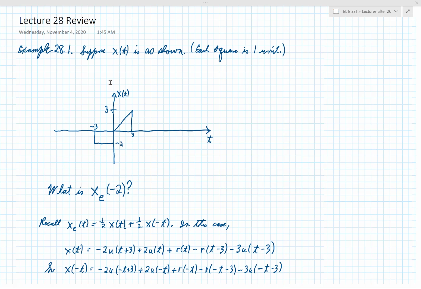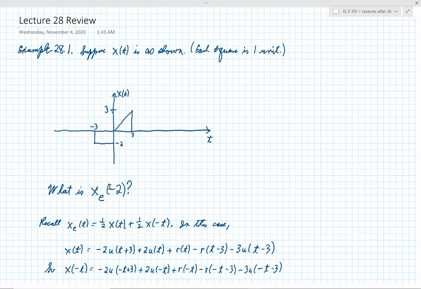Our first example says, suppose that x of t is as shown here, and each square on this graph paper is 1 unit. And so we ask, what is xe of -2? Now you might remember that xe is the even part of the function and xo is the odd part of the function.